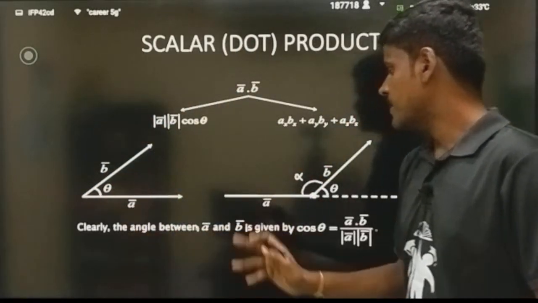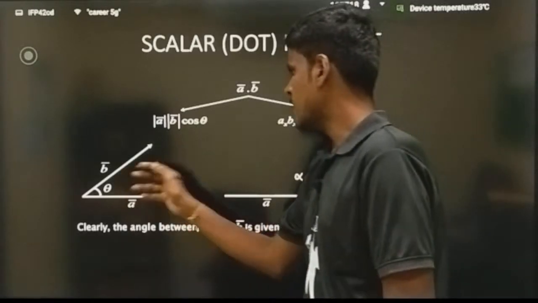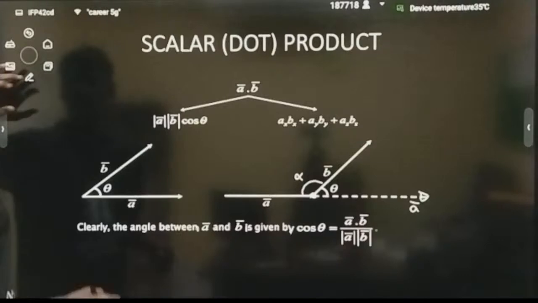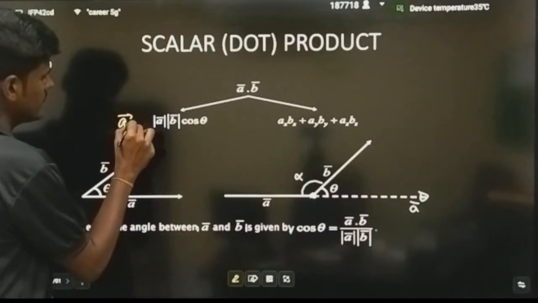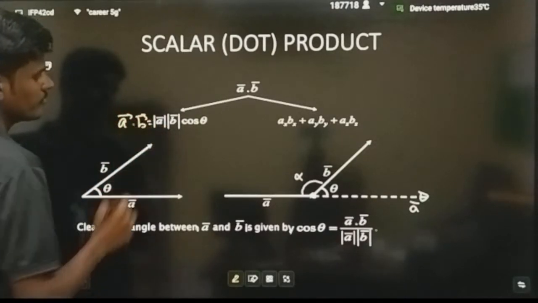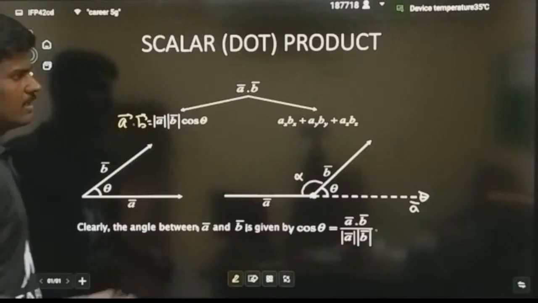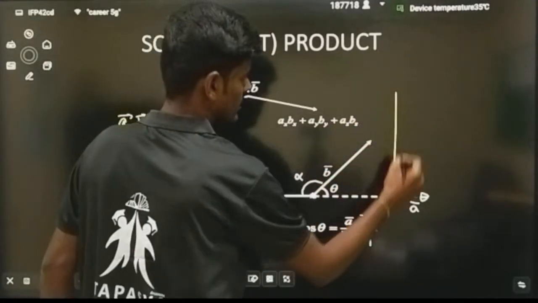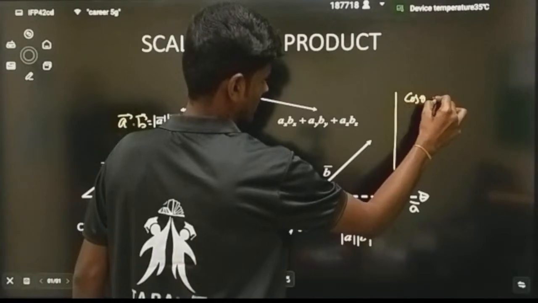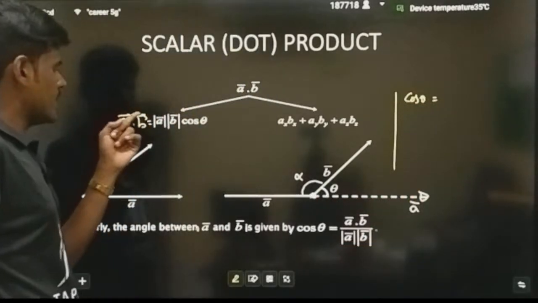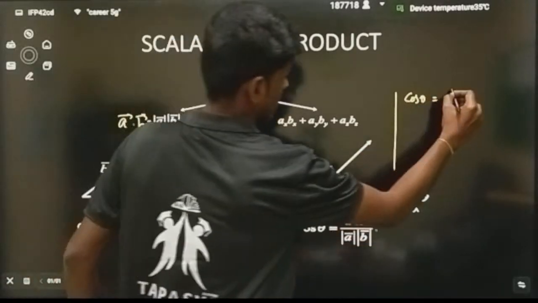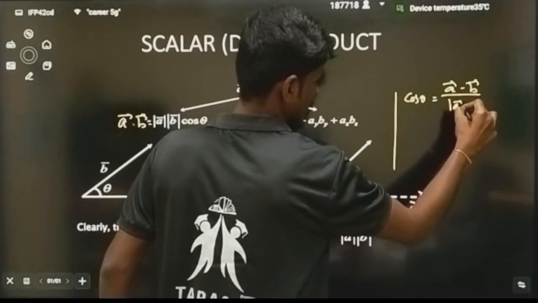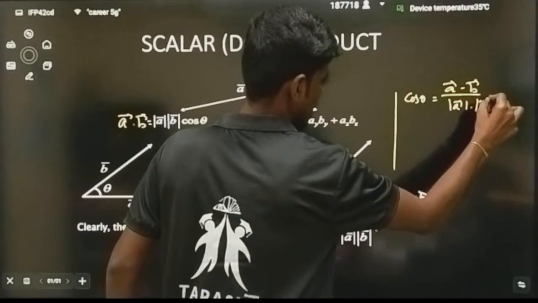And what is the angle between A and B? Obviously A dot B is equal to this value, which means what is the angle? We can write cos theta is equal to A dot B by modulus A vector into modulus B vector.